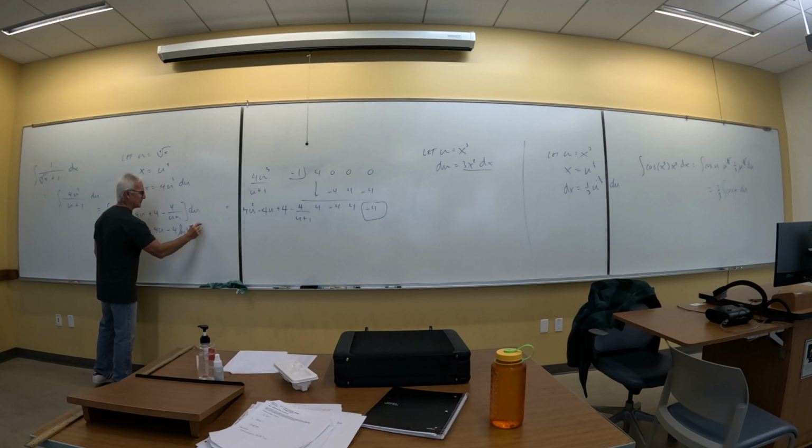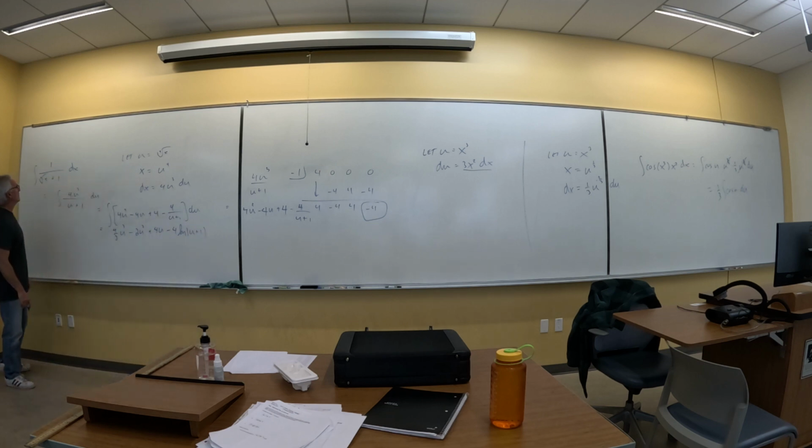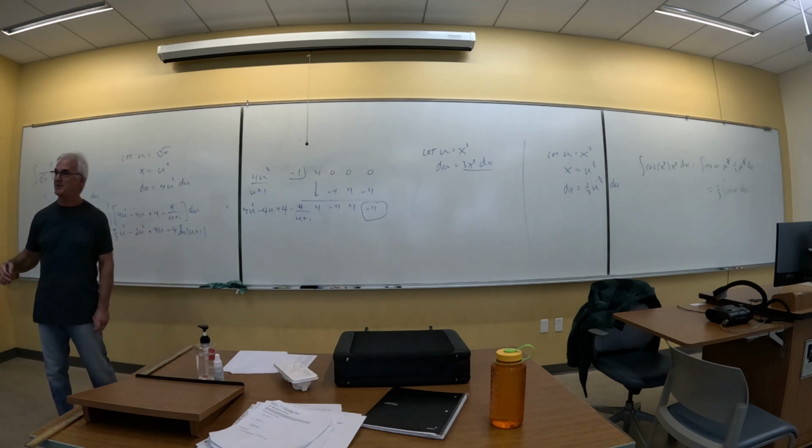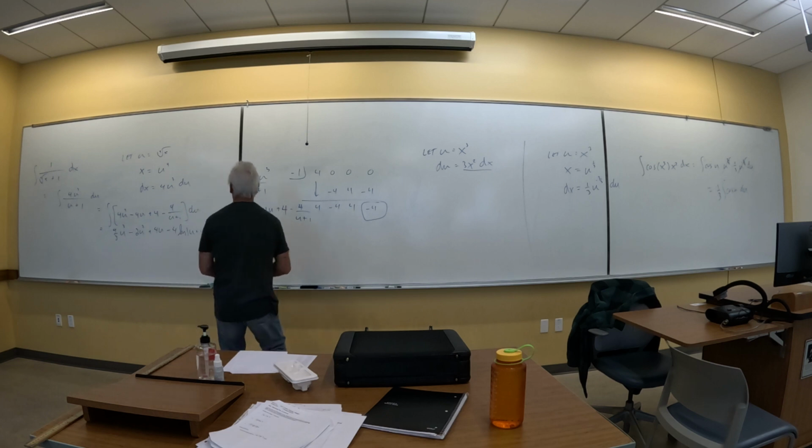Do I need the absolute value? We'll figure that one out in a moment. I may not, but right now I leave it in there because the antiderivative of this does involve an absolute value, but we haven't figured out if that can be positive or negative yet. Okay, so far so good?